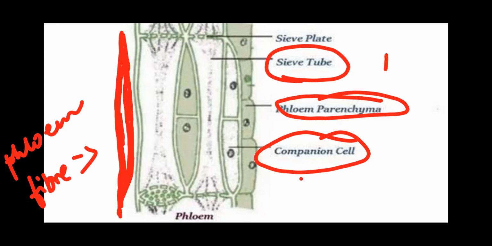So sieve tube element, companion cell element, phloem parenchyma element, and last is phloem fibers. This set of constituents makes up the cylinder, that is the phloem tissue inside the plant body.